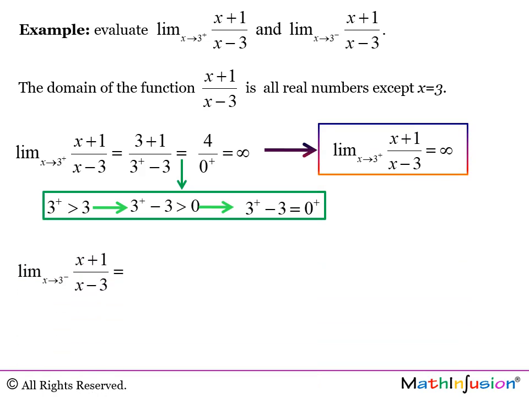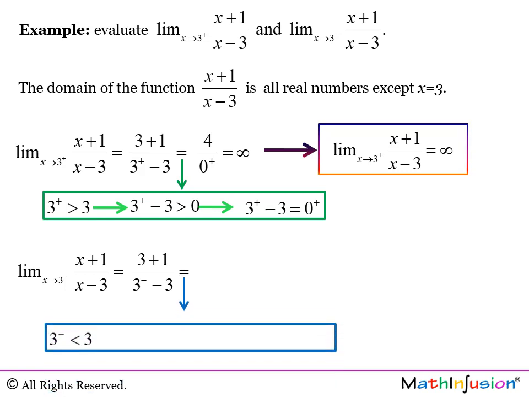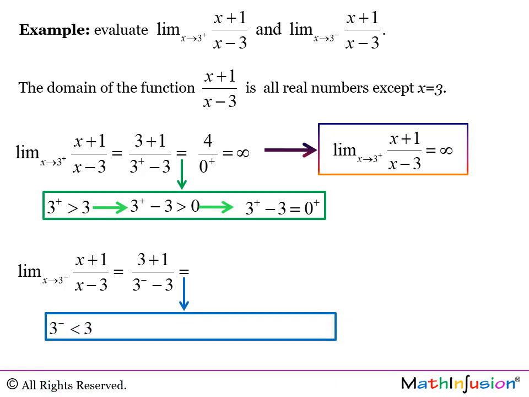Now let's take the other limit. We have to do exactly the same mental work. 3 minus is a little bit less than 3. And that's why, if you take less than 3 and take away 3, you get already to the territory at which it's negative. And that's why it is 0 minus.